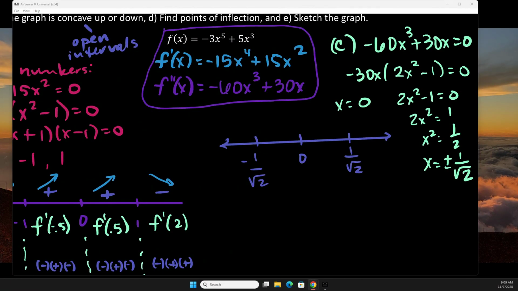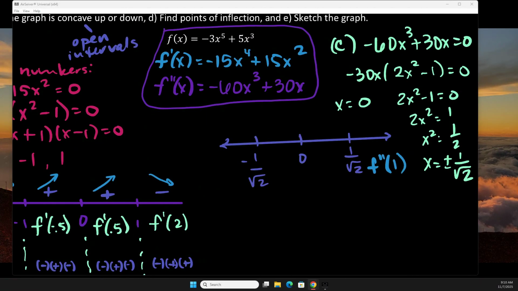Alright, so the square root of 2 is about 1.41 something. And so when we're trying to figure out something bigger than that, or something between that and 0, it's a little confusing. I'm going to start on the positive side this time, which I never do. Can you think of something bigger than 1 over 1.4? An easy number? 2, we could do 2, we could do 1. Both of those are bigger.